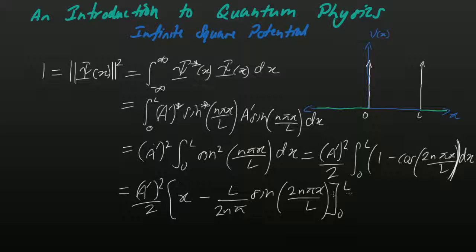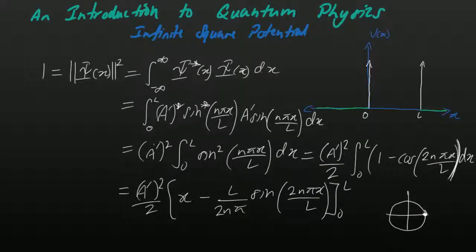Evaluating from 0 to L, this L will go into here, and we get an L. When we put the L into the sine term, the L's cancel, and we get sine 2n pi. If we remember the unit circle, when n equals 1, it's gone round once, so sine is 0, that's 2 pi.